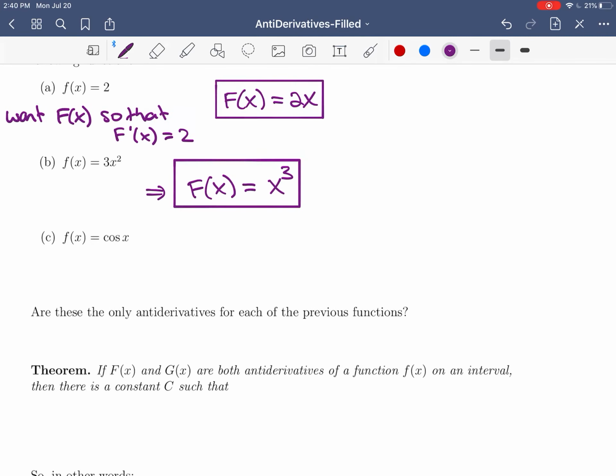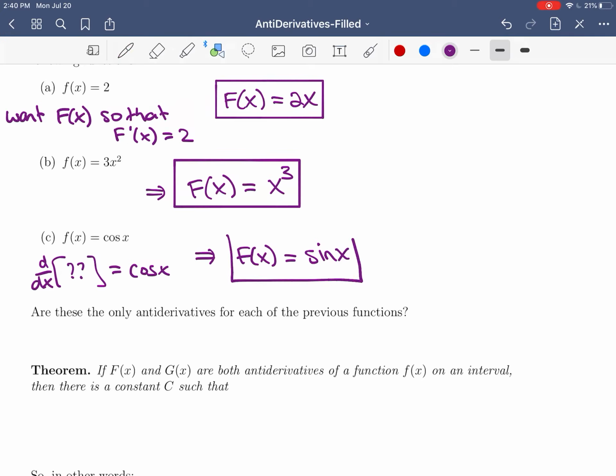Do we remember a function that has derivative cosine of x? I want the derivative with respect to x of something to equal cos of x. Now what is that something? Well, if you remember, sine of x has derivative cos of x. So if I use capital F of x to be sine of x, then I have derivative cosine of x.